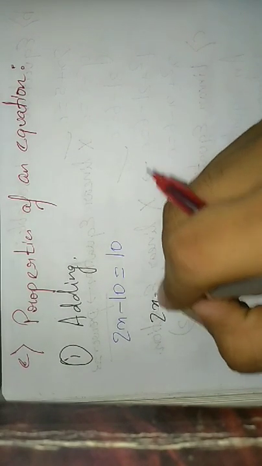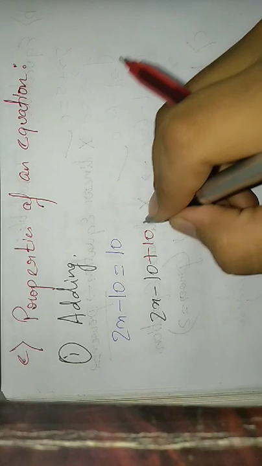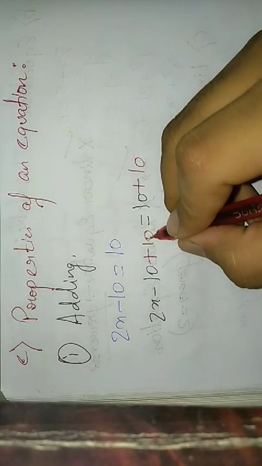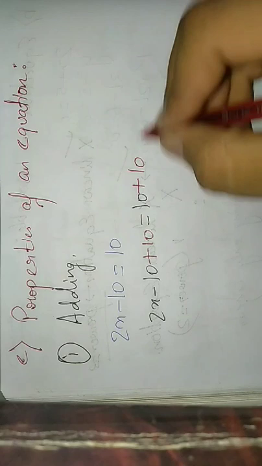So 2x minus 10 plus 10 is equal to 10 plus 10. The plus 10 and minus 10 get cancelled.